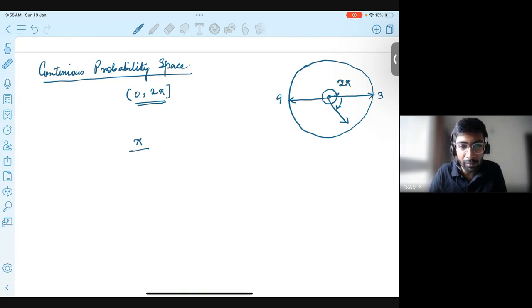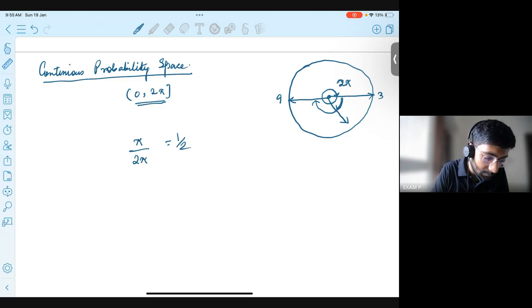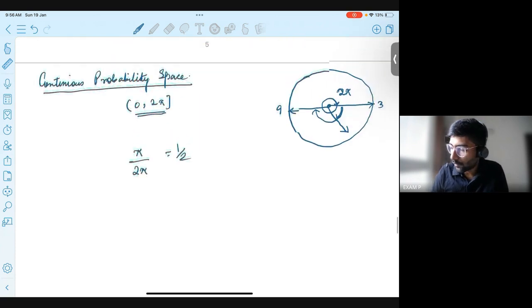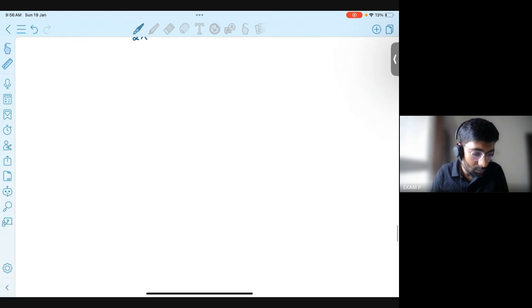Whenever you are between 0 to pi, this entire range that is favorable to you is pi, and the entire range was 2 pi. So the probability of being between 3 o'clock and 9 o'clock is half. Okay. So that's the only part that they have mentioned. I'm not sure if we have any question on that, but if there is, you can tackle it, I hope.